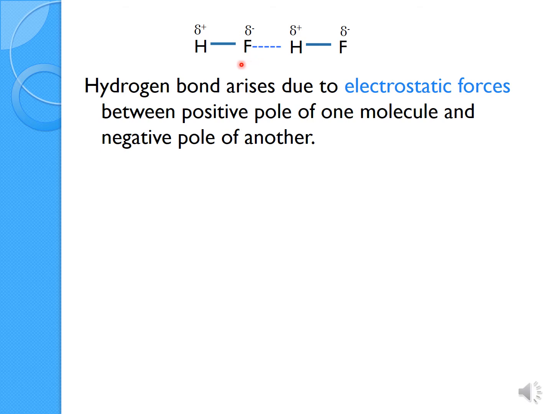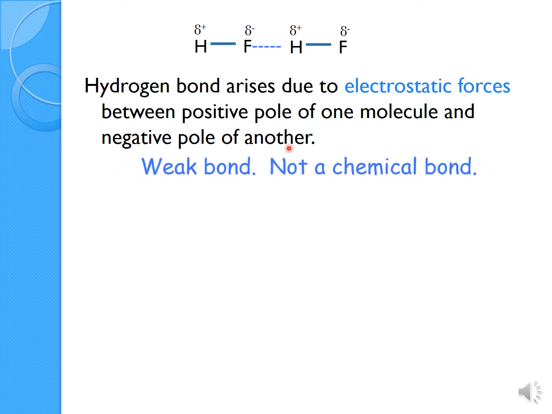In this example, the electrostatic force of attraction exists between the positively charged hydrogen atom and the negatively charged fluorine atom. So since a hydrogen bond just involves an electrostatic force of attraction, it is inherently a weak bond, unlike a chemical bond. We cannot say that hydrogen bond is a chemical bond.